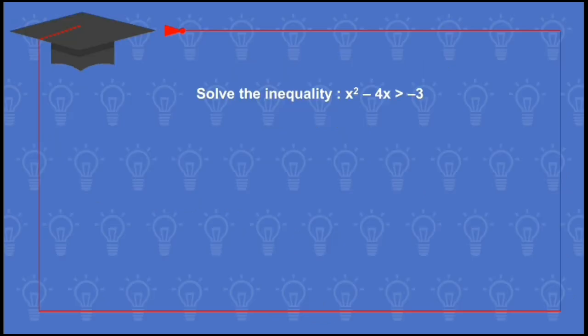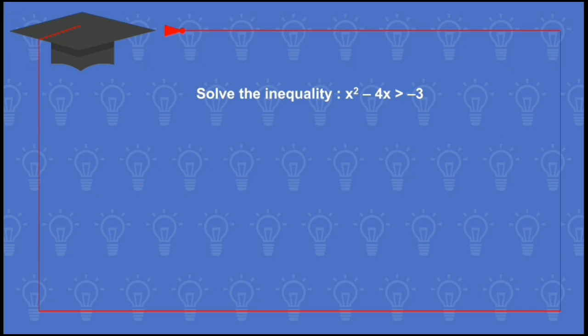Solving a quadratic inequality in algebra is similar to solving a quadratic equation. The only exception is that with quadratic equations, you equate the expressions to 0, but with inequalities, you are interested in knowing what's on either side of the 0, that is negatives or positives. For example, solve the inequality x squared minus 4x greater than minus 3.